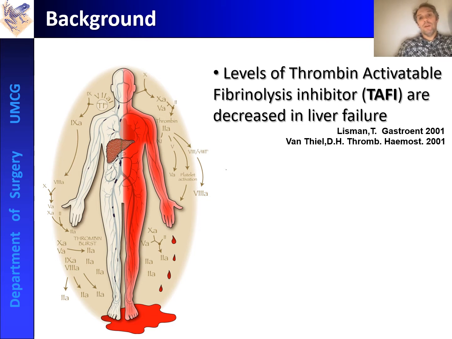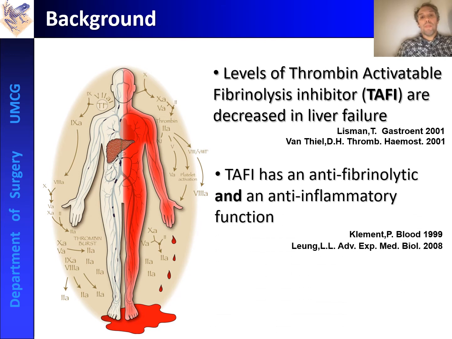It's activated by thrombin, and thrombin is the end stage of the coagulation cascade. When it's activated, it reduces clot breakdown. So TAFI has antifibrinolytic properties, but this is also a very interesting molecule in that it has an anti-inflammatory function.